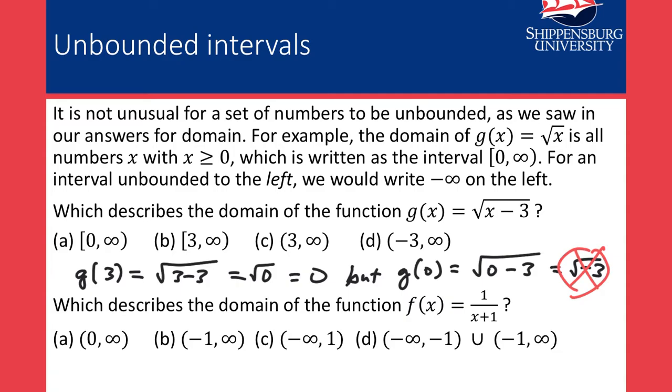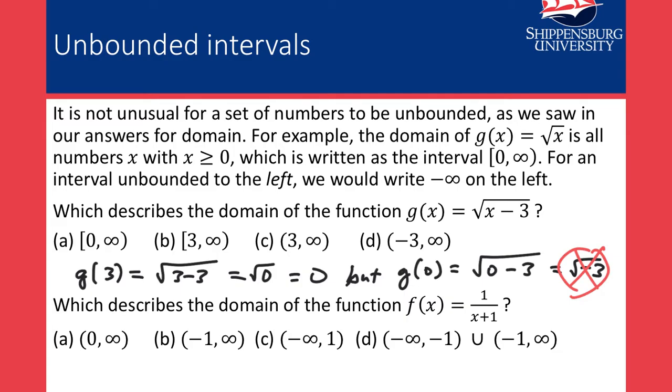The first example of g of 3 kind of tells us what's happening there, because putting 3 in for x makes that say the square root of 0. That's kind of the extreme value. 0 is the smallest number you can take a square root of, and so 3 is the smallest number that you can put in here. So that indicates to us that this is going to be the right choice here.